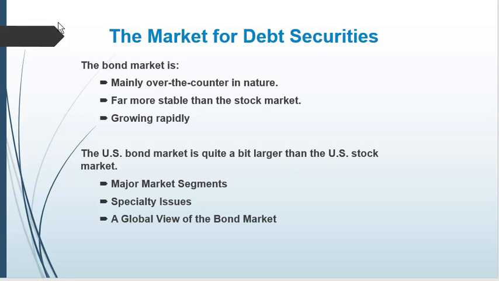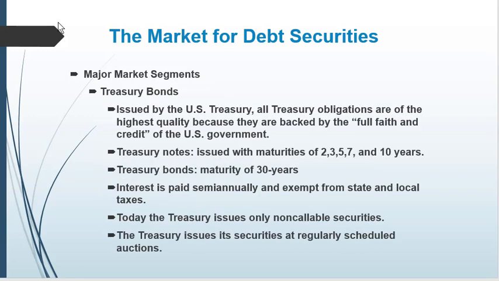So companies do tend to be borrowing a little bit more over time. Now that growth may also be indicative of governments that are also borrowing. So I'm not really sure how that essentially breaks down, right? So we want to talk about the segments here.